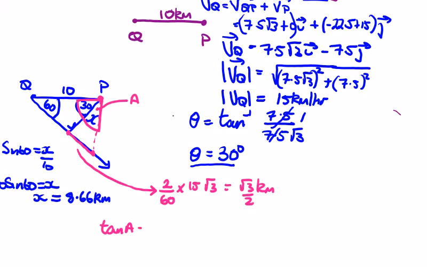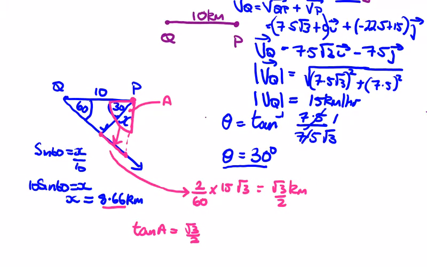The tan of A is equal to opposite, the root 3 over 2, divided by adjacent, which is the x that we got to be, well, I have it in terms of 8.66, but 10 root 3 over 2 is 5 root 3. These will actually cancel, so dividing by 5 root 3 over 1 would be multiplying by 1 over 5 root 3.